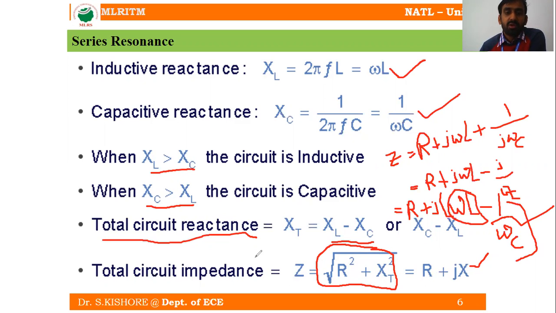So this is going to be about total circuit impedance. They ask to derive the expression for the impedance of an RLC circuit. You can consider a series resonance circuit or any kind of parallel resonance circuit, and you can derive it. The impedance is nothing but your resistance plus the reactance.